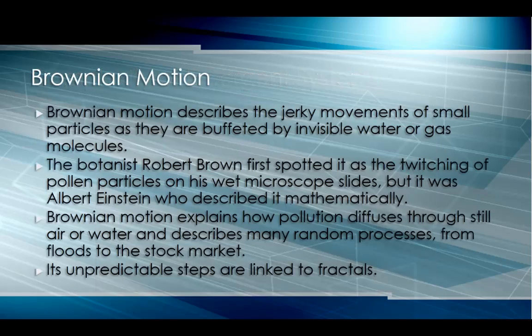And then the last thing I wanted to talk about is this concept of Brownian motion. Now, we can actually see vibrations and movement of particles. We can track particles. And this relates a lot to what we've been talking about in terms of the kinetic molecular theory. First identified by botanist Robert Brown, he noticed the twitching of pollen particles on his wet microscope slide, but it was Einstein who actually described mathematically how they worked.